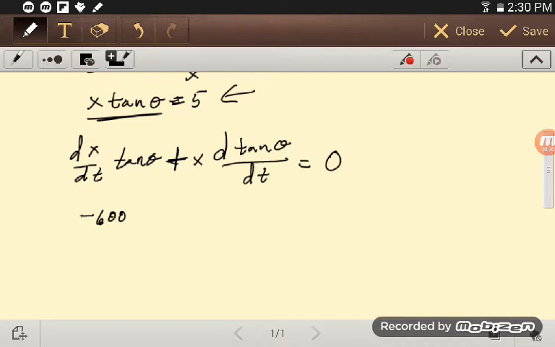Now we actually even know what theta is. It's 30. But I'm just going to leave that as tangent theta for the moment, plus x. And then for the derivative of tangent, we've got our chain rule. We first take the derivative of the tangent of something, and then d theta dt.